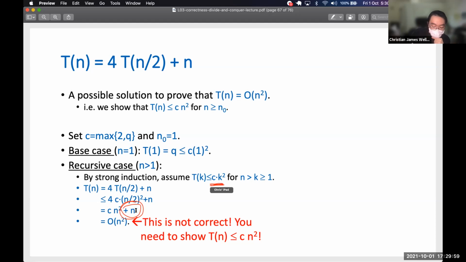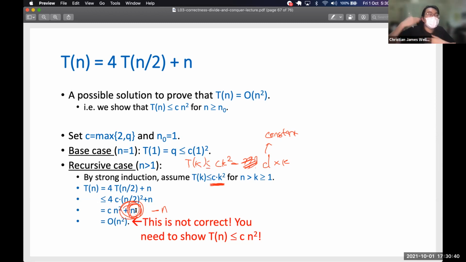So why not, instead of Ck squared, make it Ck squared minus some value? I don't know exactly what value it is, but maybe I can guess minus some constant d times k. I bring it one level smaller because there's an excess n over here. I want to somehow minus away the n. So guess a new inductive hypothesis: Tk less than or equal to Ck squared minus dk. This is a new guess.